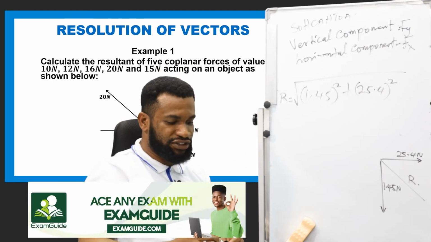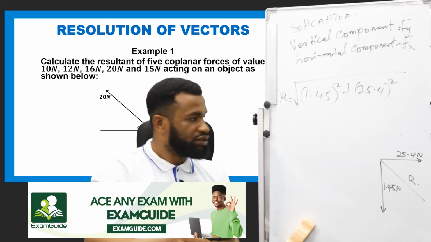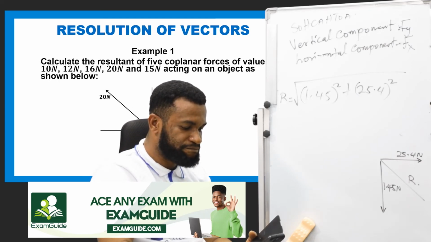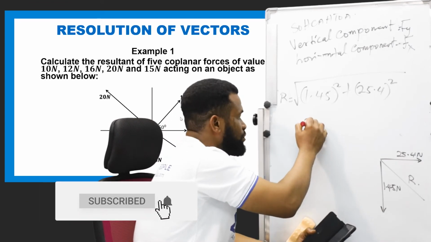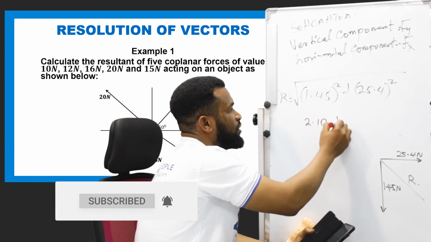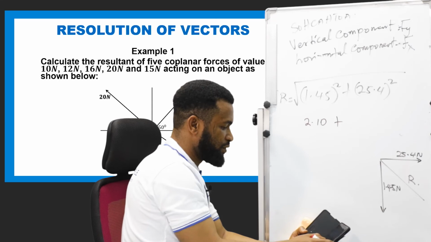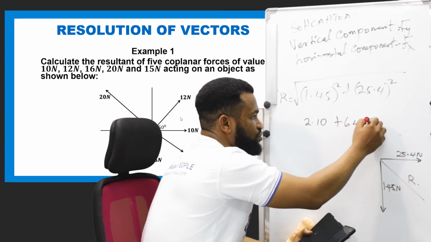That is the concept of finding the resultant. So I'm having 1.45 raised to power 2. We are having 2.10 plus 25.4 squared. I'm having 645.2.